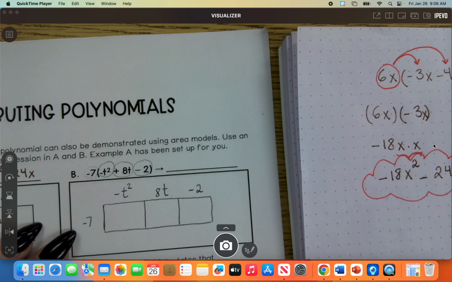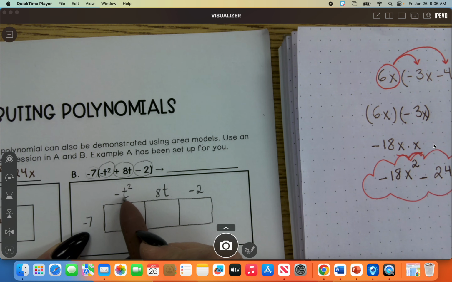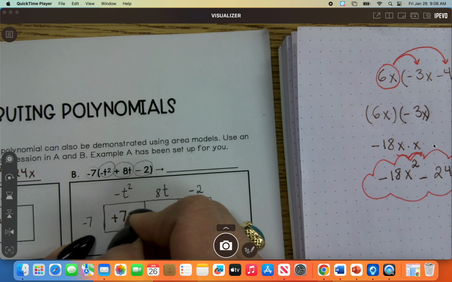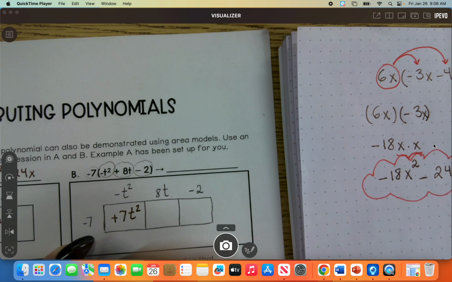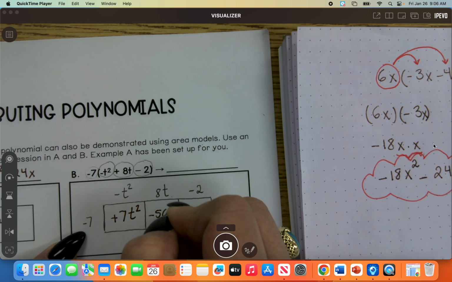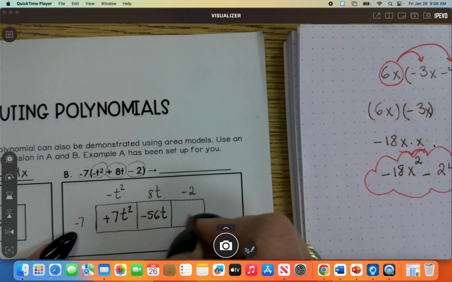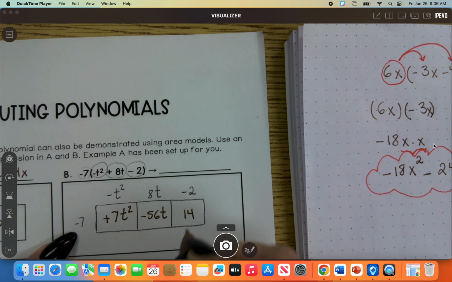Then I can just multiply each. I can say negative 7 times negative t, negative and negative is positive, and then 7, and then t to the 2, or t squared. Then I'm coming and multiplying these two. Negative 7 times 8 is negative 56t. Negative 7 times negative 2 is positive 14.